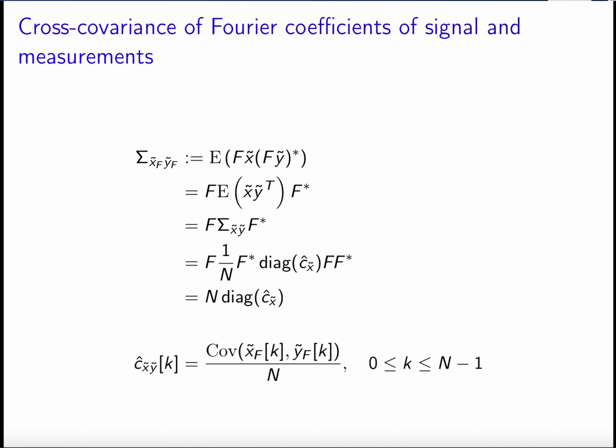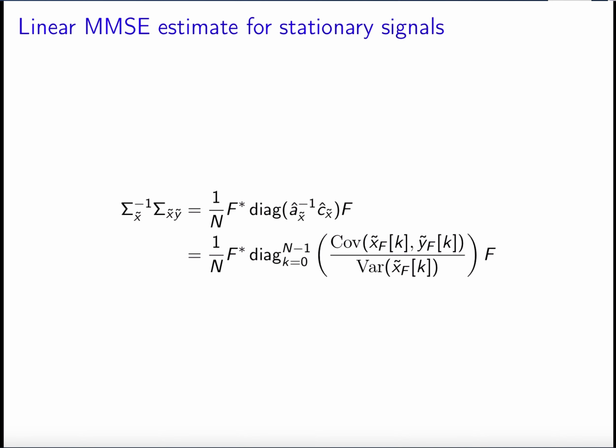And it turns out that the covariance between the Fourier coefficients of X and Y is just given by the DFT of the cross covariance, which again is not immediately obvious. So this is kind of cool because now we go back to our estimator, this convolutional matrix that has this eigendecomposition, and the entries in the diagonal are super intuitive.